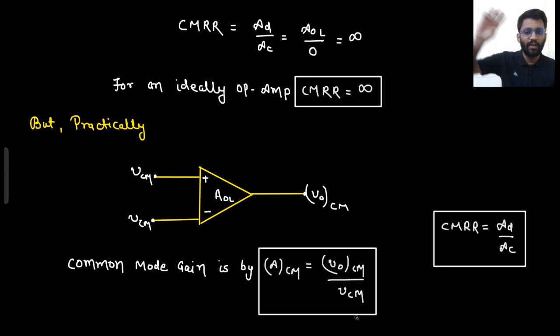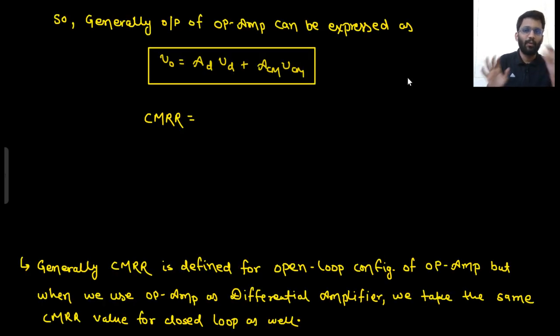For finding common mode gain, you will apply VCM and calculate V naught CM, and for finding differential gain, you will apply Vin by 2 and minus Vin by 2 and find V naught, right? And this is how the final output can be shown.